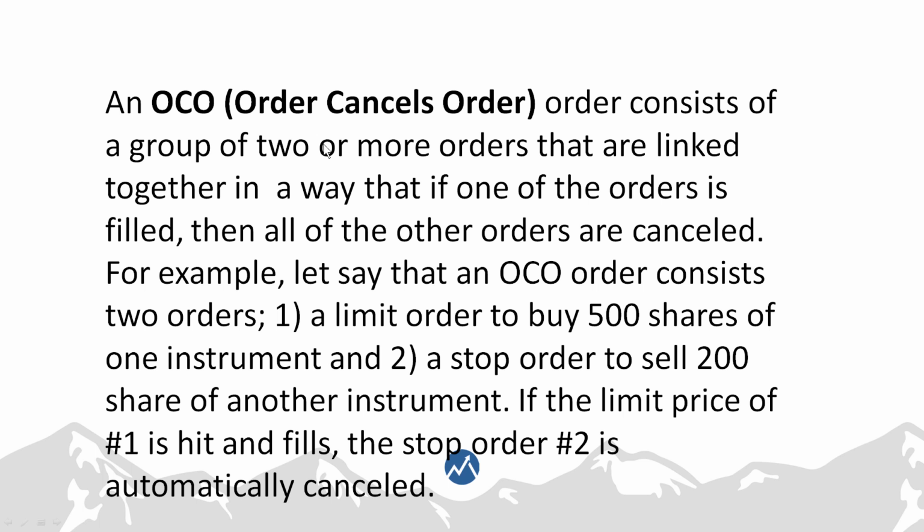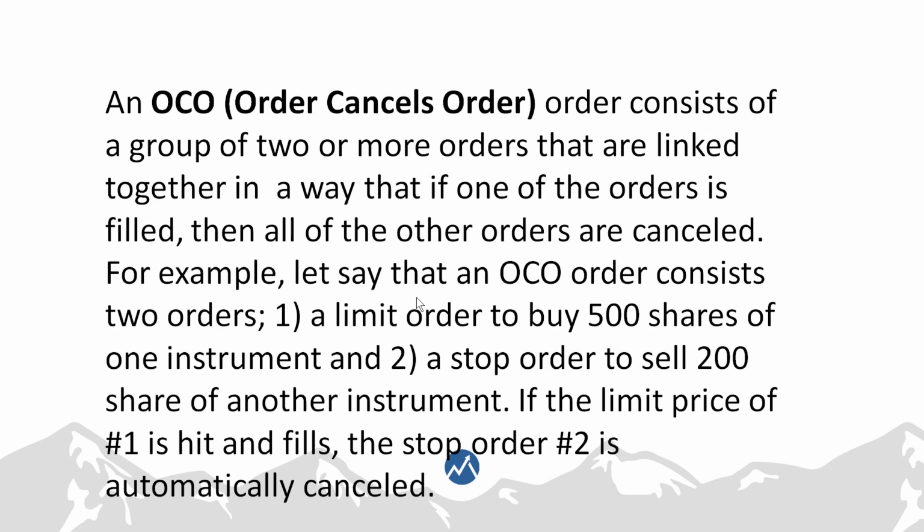An OCO order, or Order Cancels Order, consists of a group of two or more orders that are linked together in a way that if one order is filled, then all the other orders are canceled. So for example, let's say you have an OCO order consisting of two orders. One is a limit order to buy 500 shares of an instrument, and the second order is a stop order to sell 200 shares of another instrument.